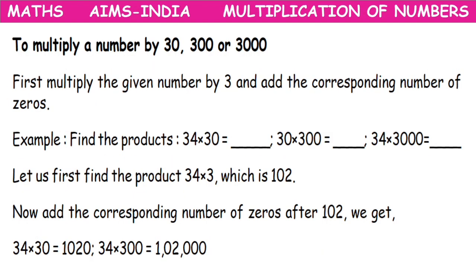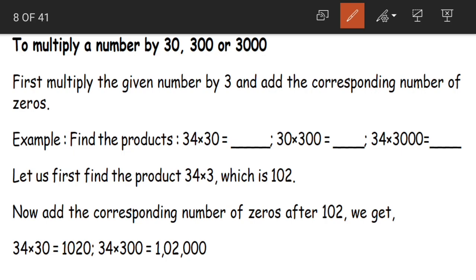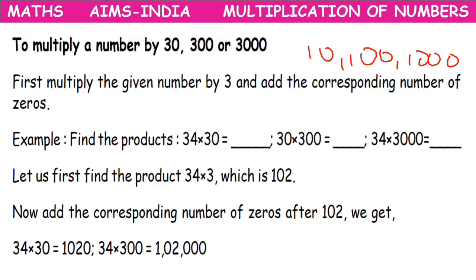Next, moving on to multiplying a number by 30, 300 or 3000. Yes, first what did we learn? 10, 100 and 1000. In the same way, let us learn how to multiply a number by 30, 300 or 3000. Yes children, this rule is not only applicable to 10, 100 or 30, 300.